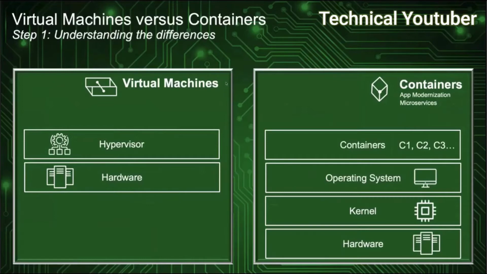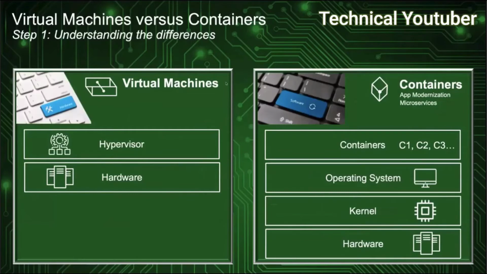Here we're showing numerous containers. We can run many dozens of containers in one instance of an operating system. That is why this is called operating system level virtualization, because it happens at the operating system level. It is a software approach, whereas with our virtual machines, we're working at the hardware level.